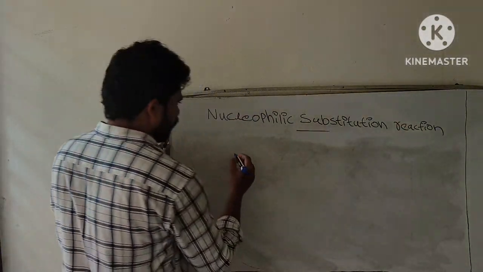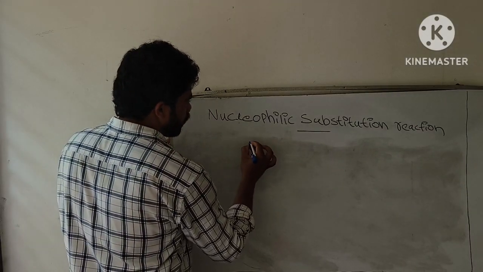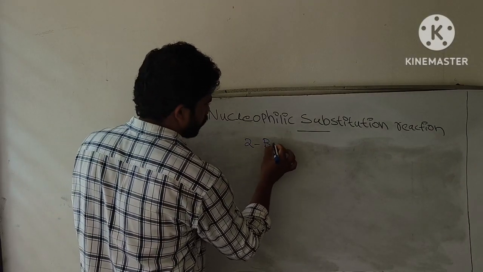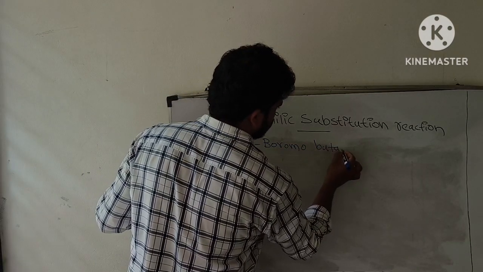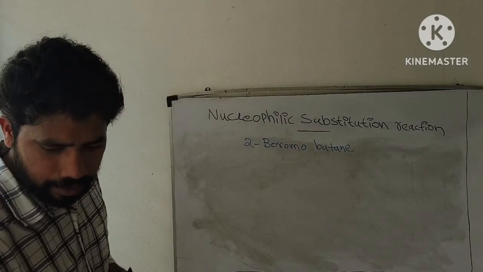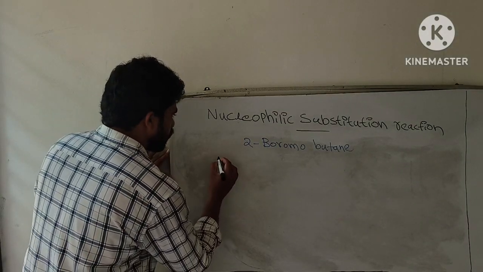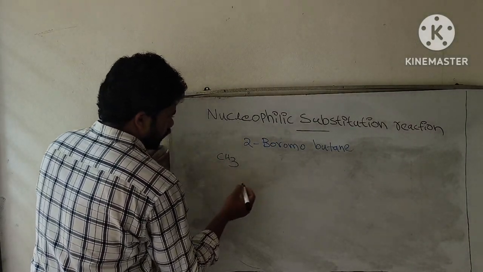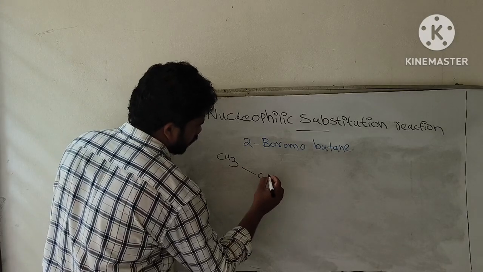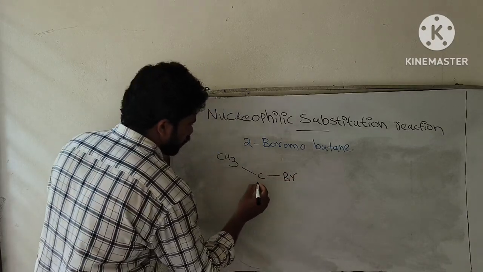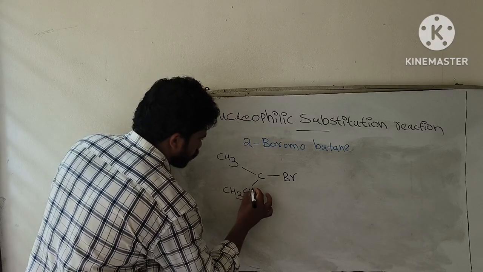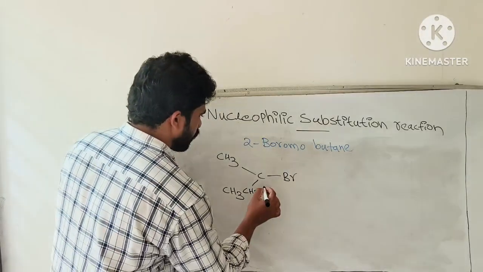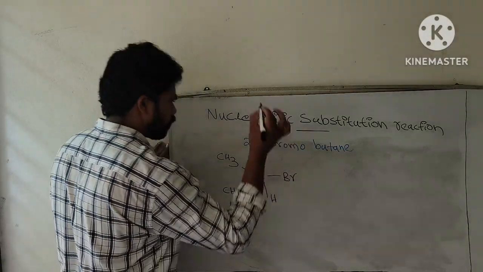Okay, dear students, here I have the example 2-bromobutane. The 2-bromobutane structure is CH3, C, here you have Br, here you have CH3CH2, and here you have a hydrogen atom also.